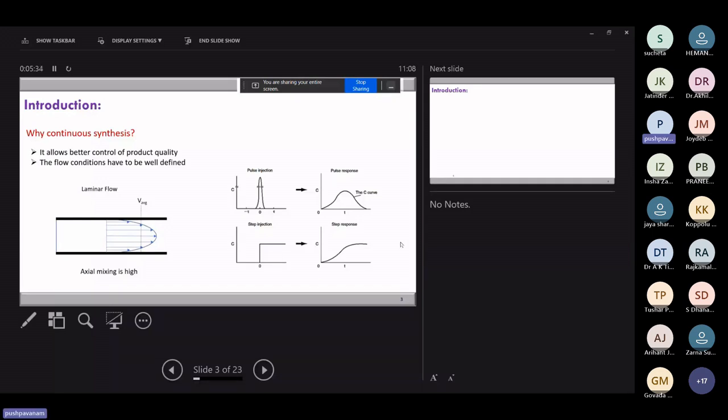and we are focusing on continuous synthesis. The reason is, like I said, we want to have better control of the product quality. In batch synthesis, there can be variations from batch to batch. Okay, and the other thing that we want to do is look at flow in a microchannel, because the flow in the microchannel is well defined.